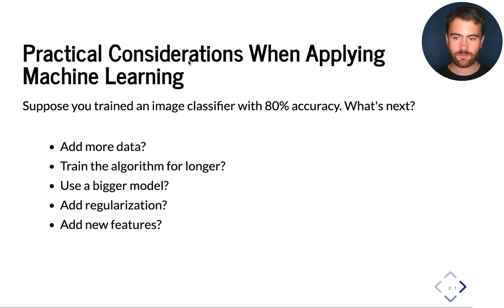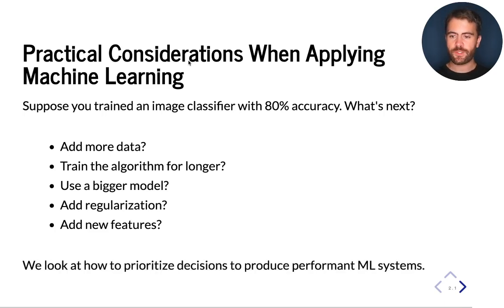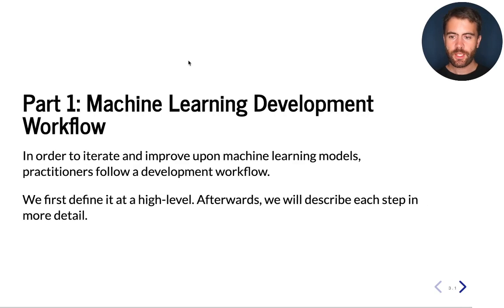improve your accuracy. The focus of this part of the course will be on principled approaches and methodologies for prioritizing these decisions and improving the performance of machine learning models in a principled way. The first part of this lecture is going to focus on a particular machine learning development workflow that I will introduce, which is essentially a principled approach for improving and iterating on machine learning models.